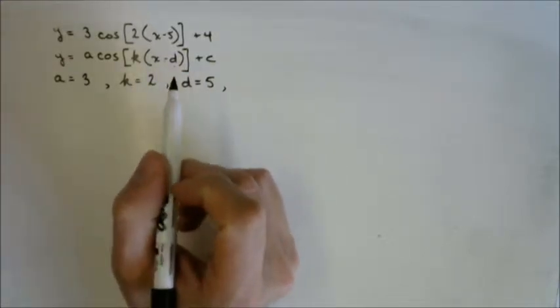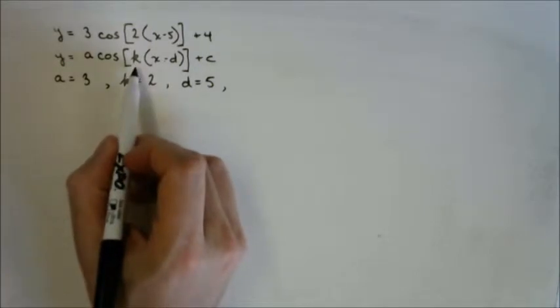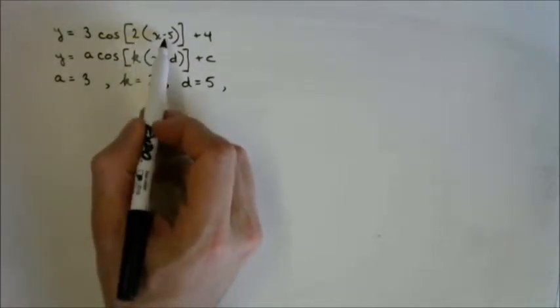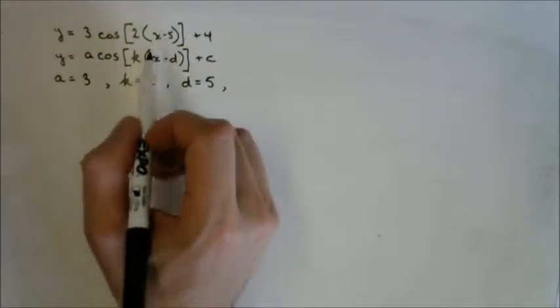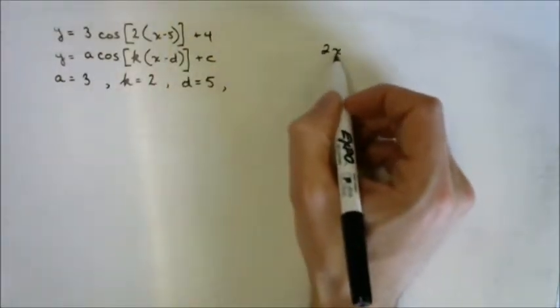We will come to examples like that probably. In order for it to represent k, it has to be outside the bracket. If there was no d, it could just be 2x.